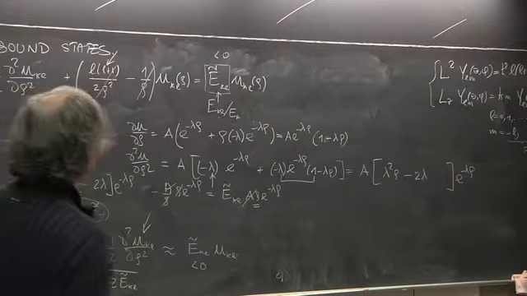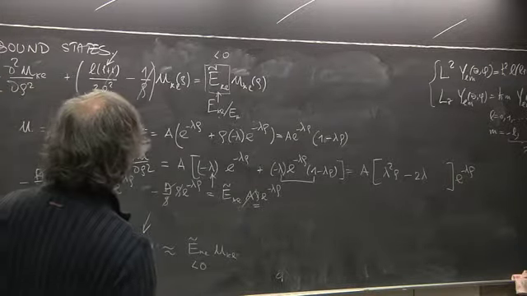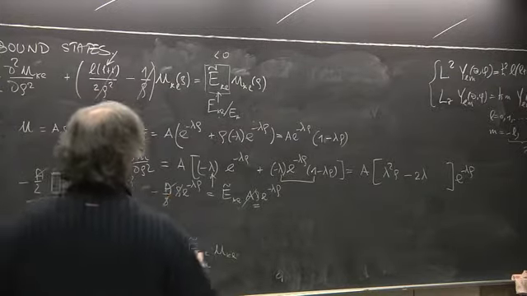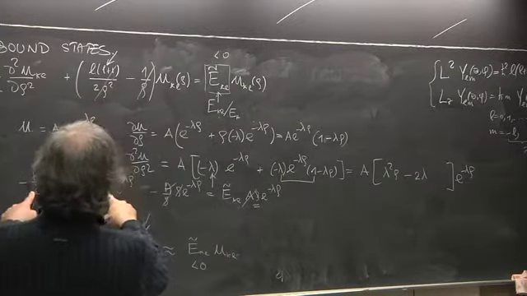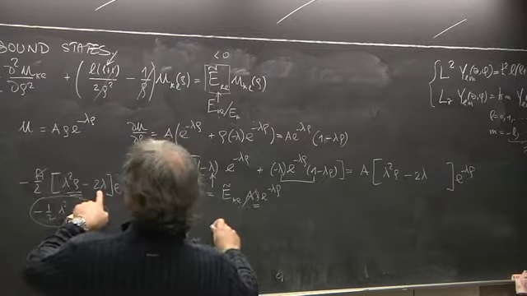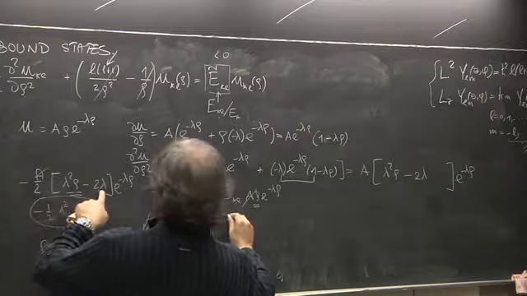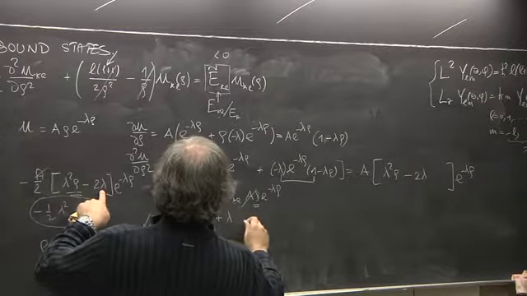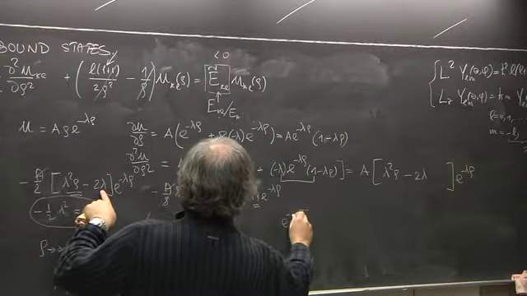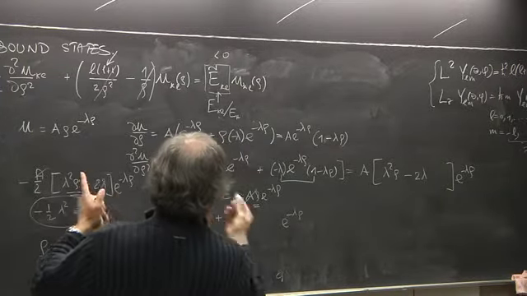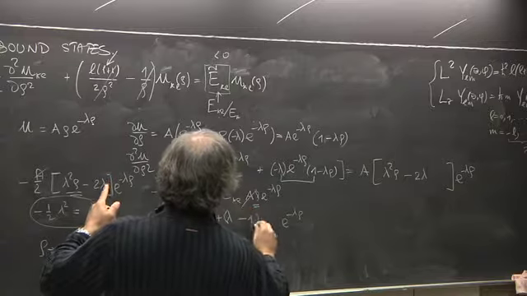And then what else? Well, let us see. This term, okay, let us write the two extra terms. This is plus lambda times e to the minus lambda rho, and this is minus just 1, the same thing.